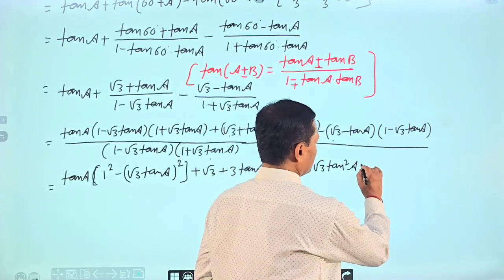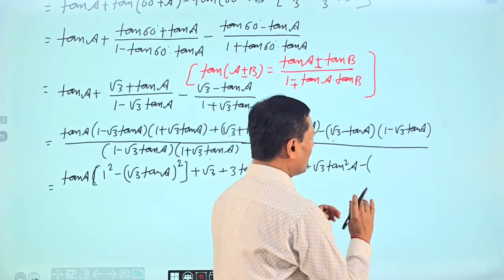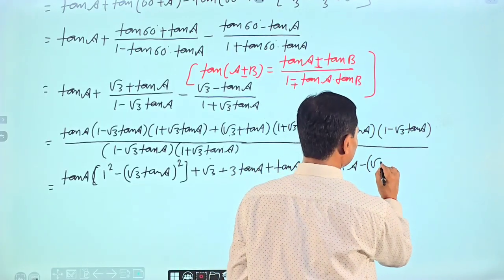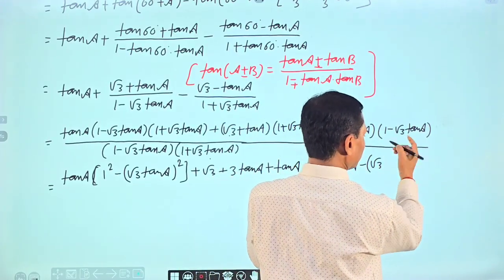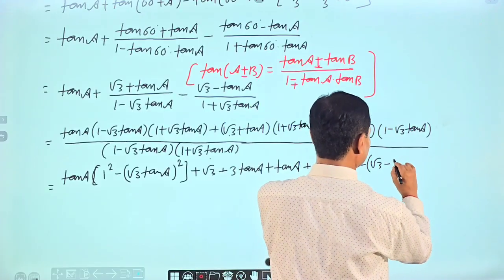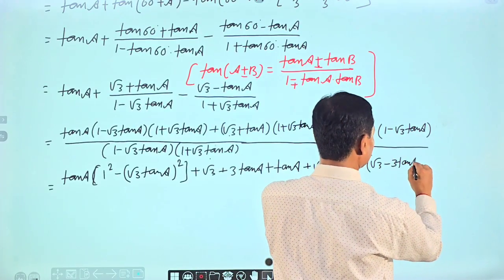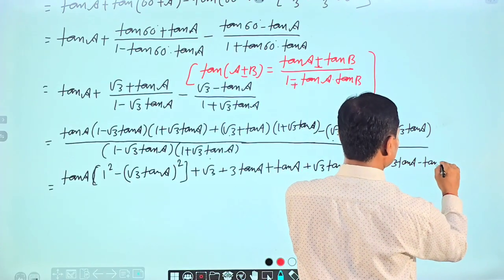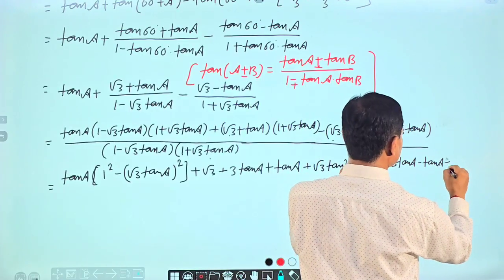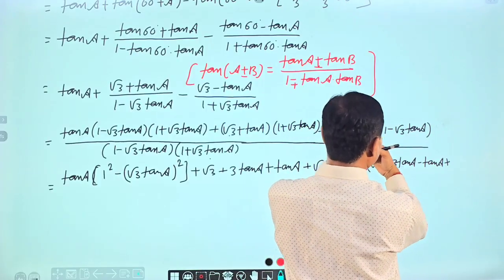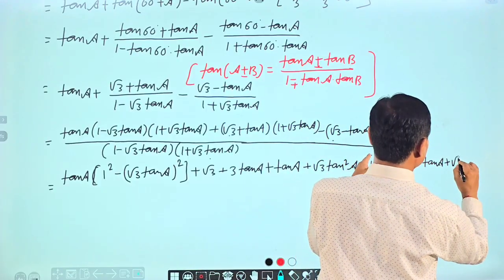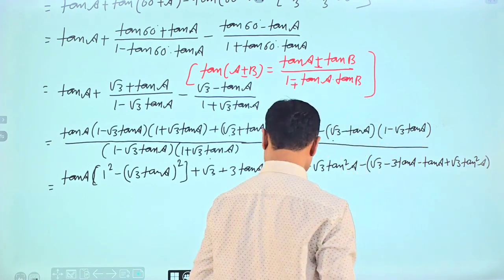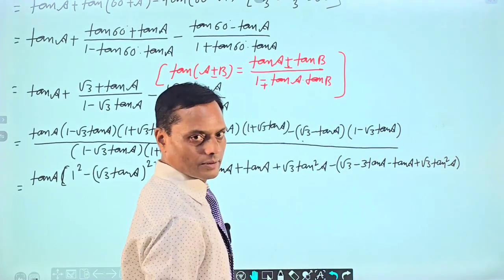Here is minus, so we write here minus, and the product should be inside the bracket. So root 3 into 1, root 3, root 3 into root 3, we write here 3, so we write here 3 tan A. After that, minus tan A into 1, minus tan A, and minus minus plus, we write here tan A into root 3, so we can write here root 3 tan square A. Isn't it? Look carefully. Isn't it?